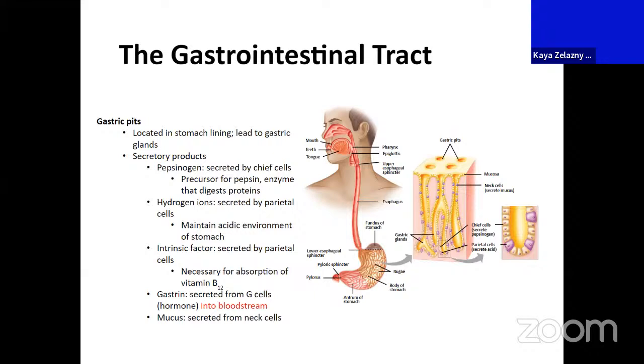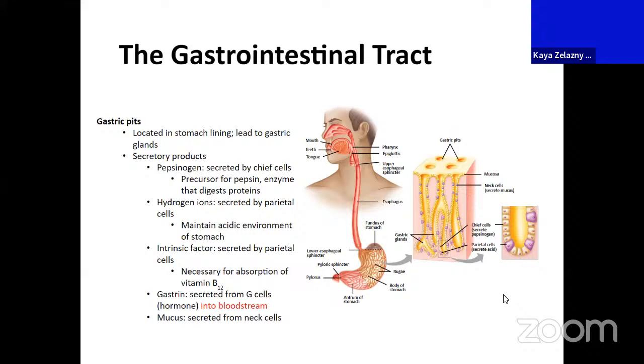Gastrin is a hormone, so that would be part of this endocrine function. So gastrin comes from G cells, which would also be located in these gastric pits, but I don't see them specifically marked on this particular diagram, but they're in there. We've got some G cells, and they're going to produce gastrin, this hormone going into the bloodstream, right?